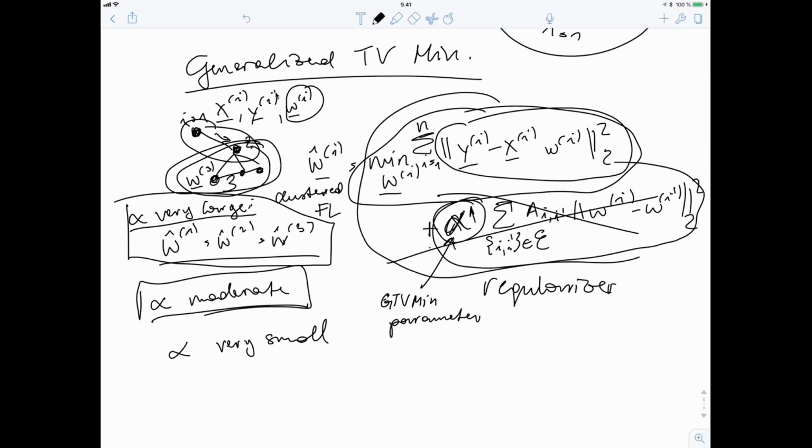And this is where this coupling comes into play. This coupling of local model parameters is equivalent to pooling the local data sets for which we couple the model parameters. And this pooling means you have more and more training data to reliably train high-dimensional models. So that's why alpha very small is only useful when you have large enough local data sets, which might be the case in some applications.